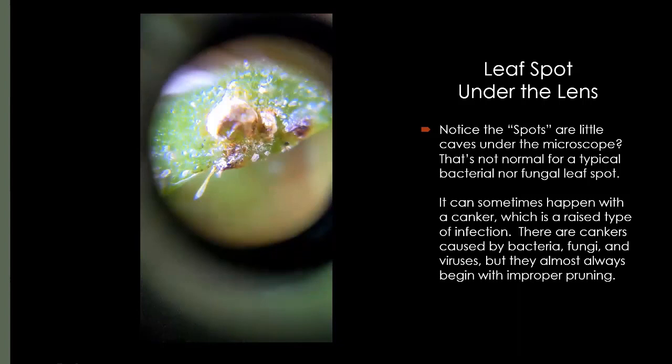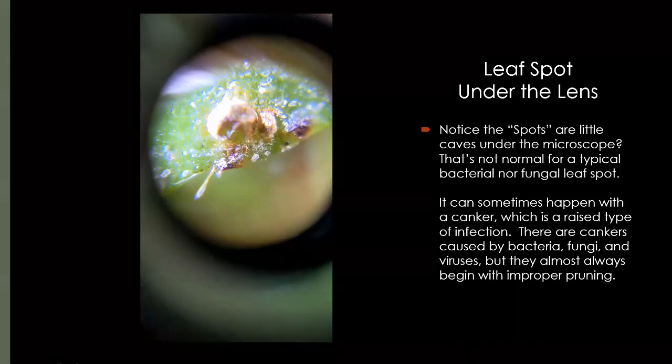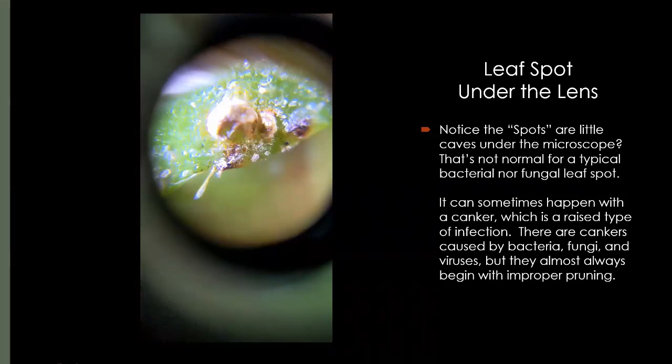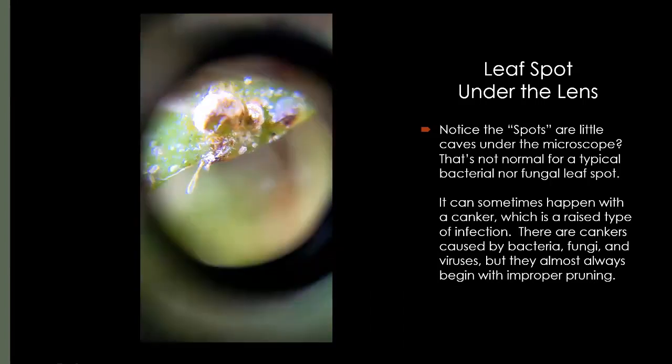All right. It didn't. So that's a symptom. It's a symptom, yes. Because you can't tell what's causing it from just looking at it in this case. But what's interesting about this particular one, it has a hole in it when I looked at it under the microscope. Now, most leaf spots are flat, or sometimes the whole leaf bubbles up, but then it changes shape.